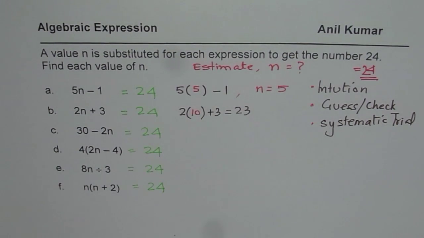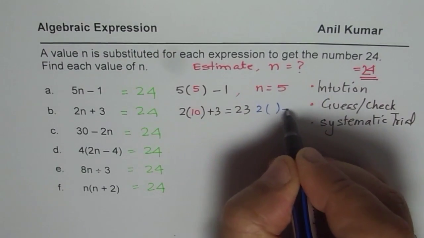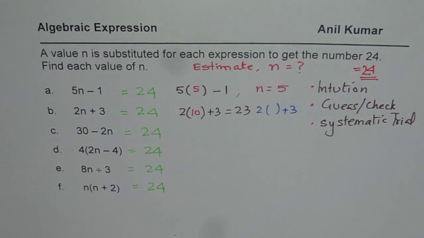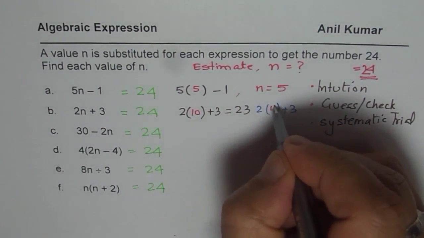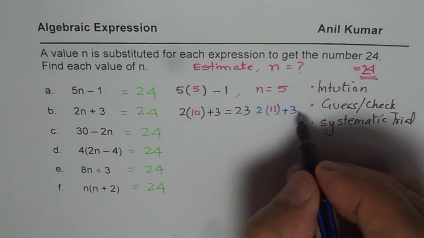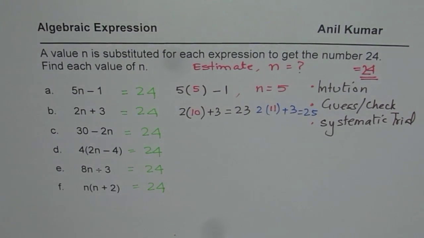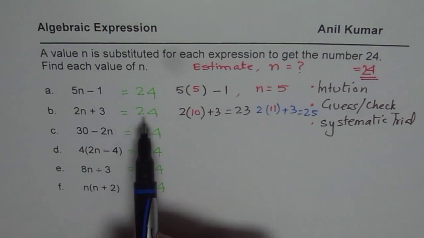So in that case, let me try the next number, which is 11. I'll try 2 times 11 plus 3. 2 times 11 is 22 and 22 plus 3 is 25. So 25 is one more than 24.